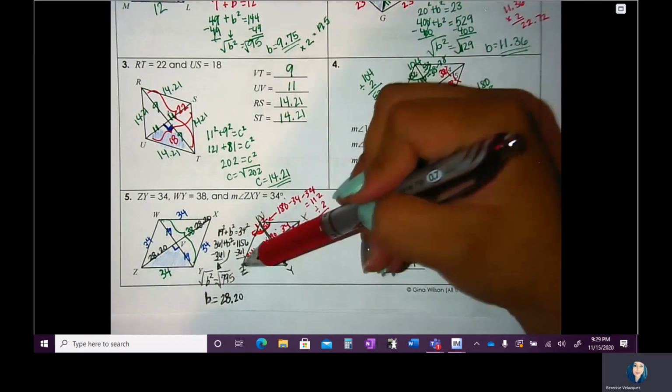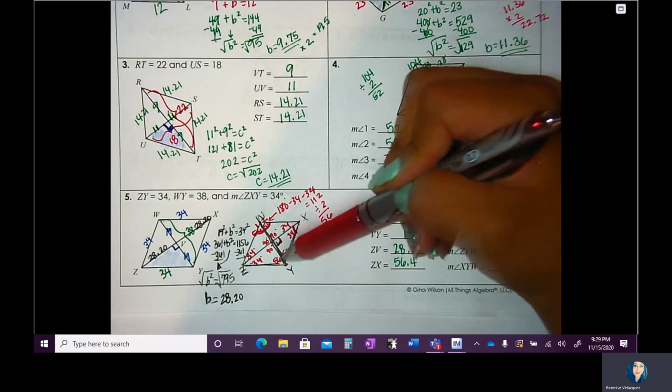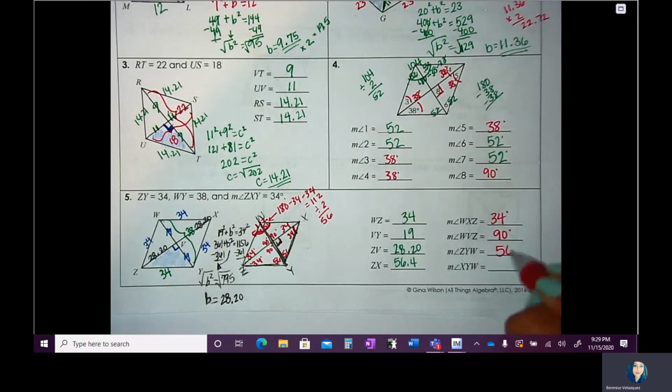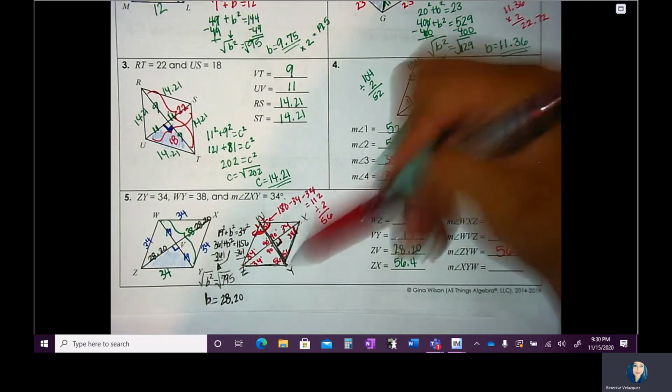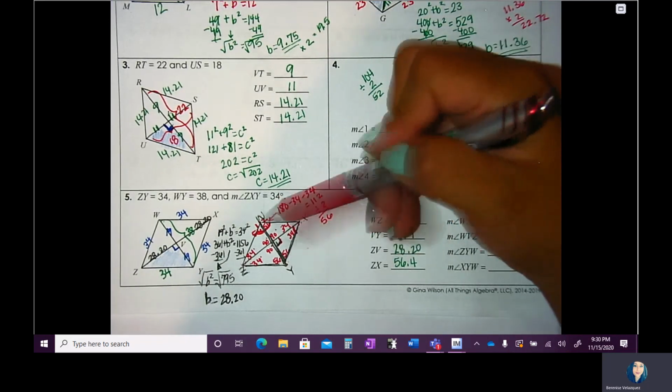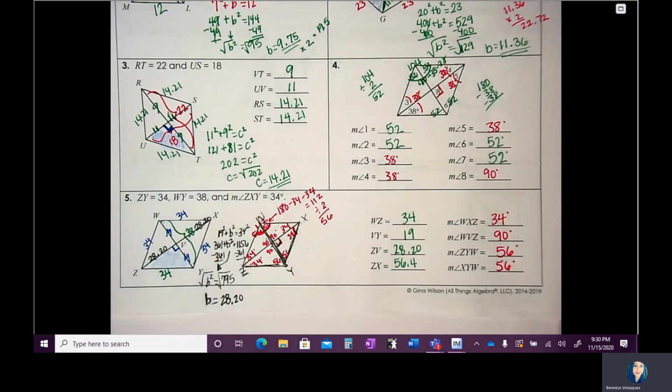ZYW. Z, Y is on the outside. W dips back in, so it's 56. And then the last one, XYW. So it goes down and then it dips back up through the middle. So it's that 56. Okay, write these down.